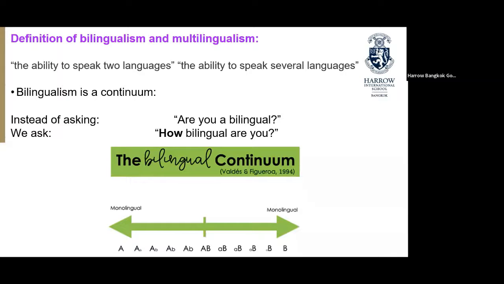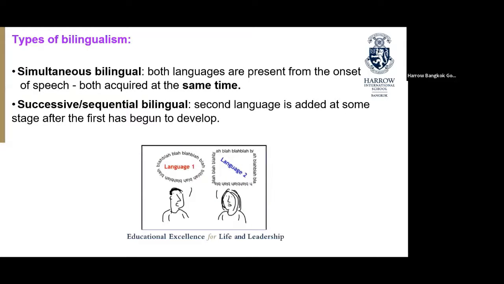So I would be quite far down on the continuum of bilingualism, but we want our students to be up at the top. We want them to be proficient and to have a really good level of their Thai language and their English language and their Chinese language and any other languages that they're learning. So optimizing it: rather than saying, are you bilingual? How bilingual are you? So it's on that continuum. There are two different types of bilingualism and bilingual development.